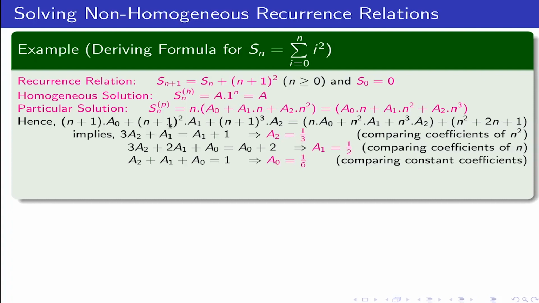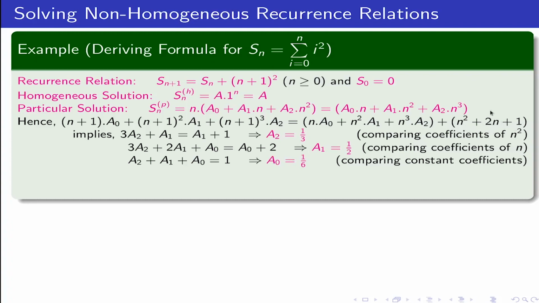Matching the n terms, which are the n to the power 1 coefficients, I get 2a1 plus 3a2 plus a0 obviously here, equal to a0 plus 2.